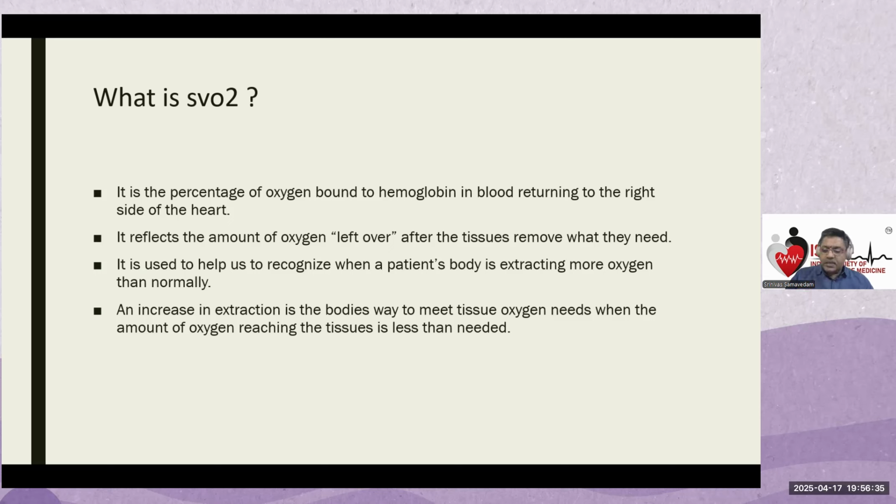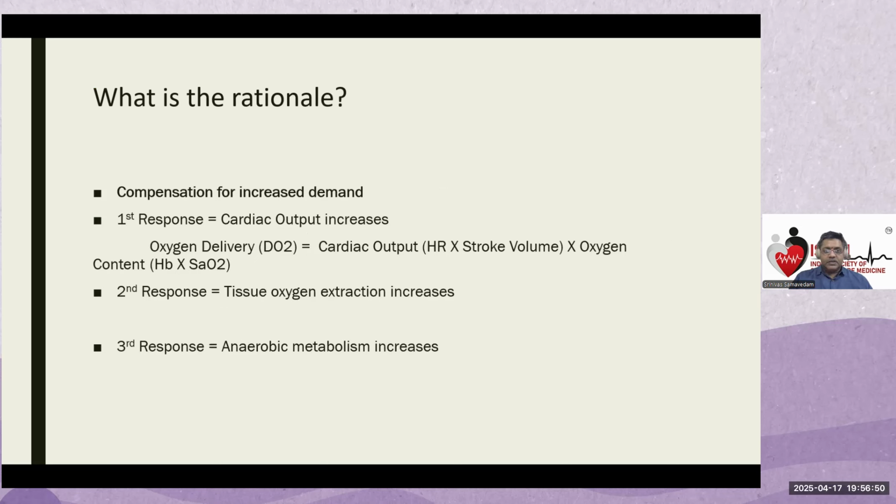An increase in the extraction, like a low venous oxygen saturation, is the body's way to meet the tissue oxygen demand when the amount of oxygen is less. So when the supply is less, they try to extract more and they become more avid extractors of oxygen. So, what is the rationale of using this SvO2 in hemodynamic assessment?